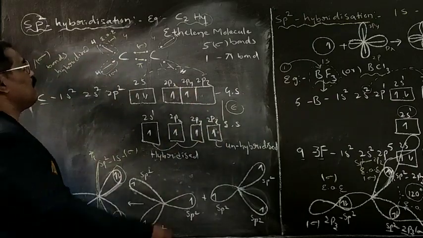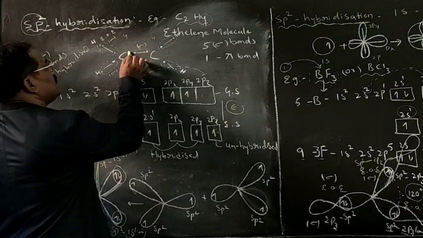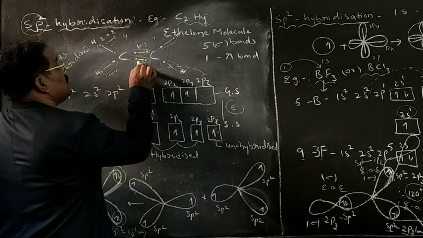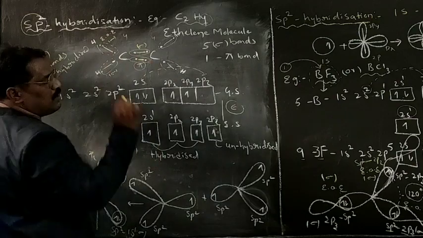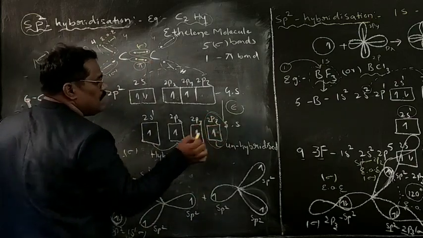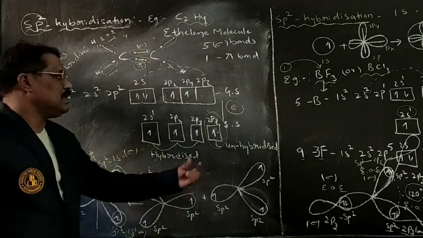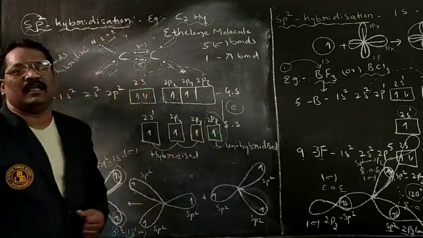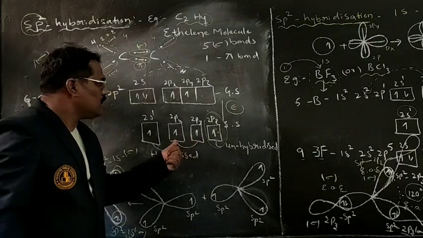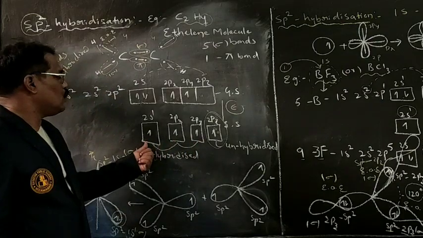But here, how many sigma bonds are forming? This is one pair of sigma bond, and one pair of pi bond is forming, which is from the unhybridized orbital. Therefore, 2pz is not participating in hybridization. It remains as an unhybridized orbital. Remaining are 2py, 2px, as well as 2s1.